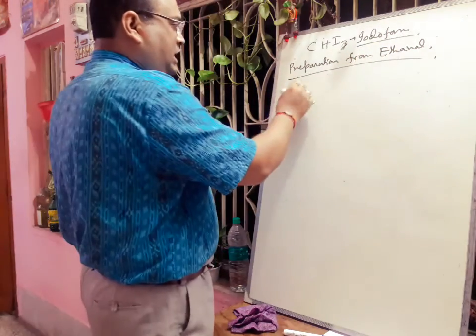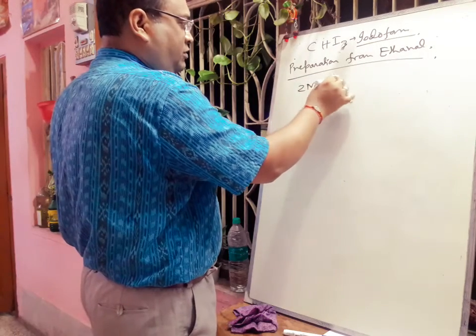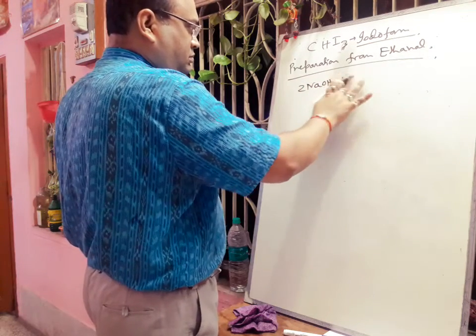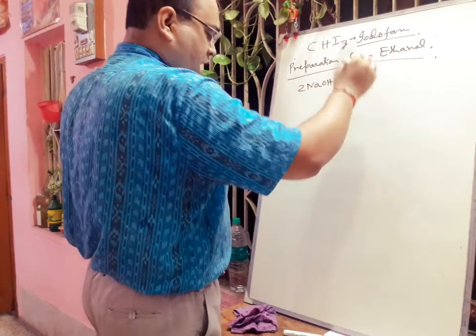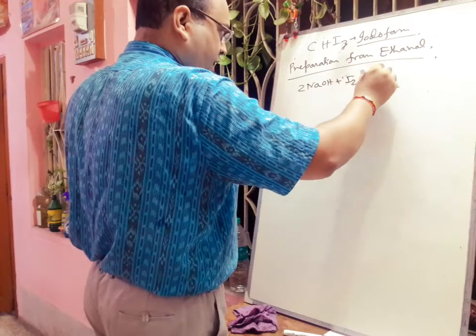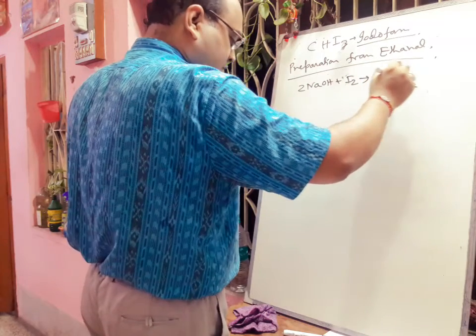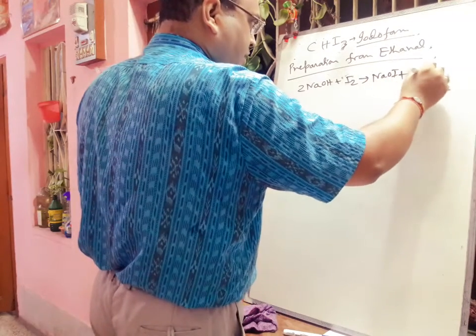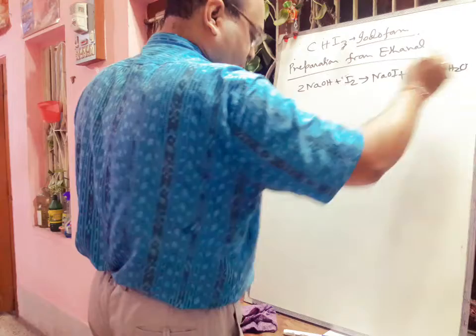First, NaOH will react with iodine, and that will form NaOI plus NaI plus H2O.